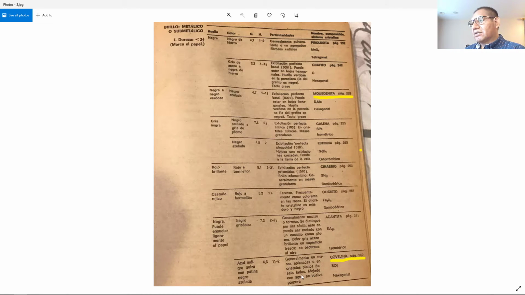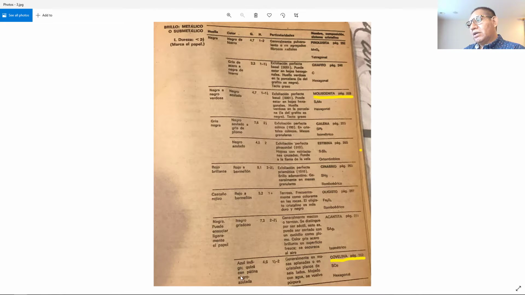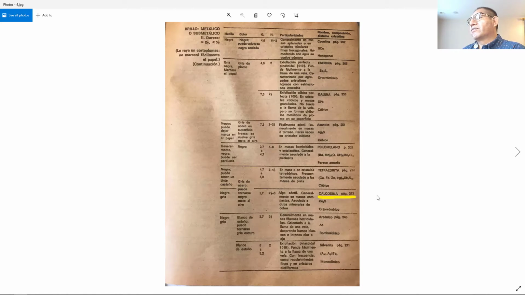The next one is covellina, which is covellite: blue, indigo blue, maybe with some plating of black or black-blue, and it's a copper sulfide. So let's go for the next one.